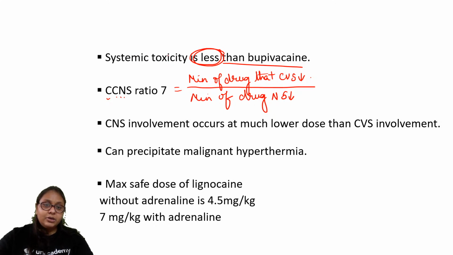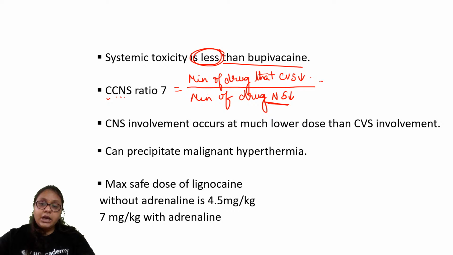So the systemic toxicity of lignocaine is less than that of bupivacaine. The CC/CNS ratio is 7. That means the minimum amount of drug that causes CVS depression upon the drug that causes depression of the central nervous system.